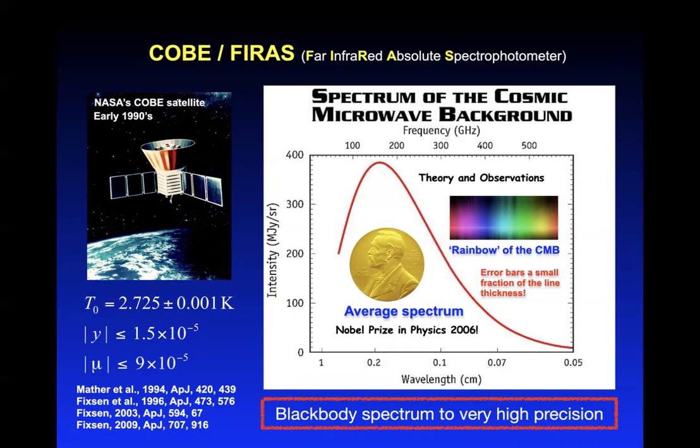And we know that the temperature of the microwave background is close to 2.7 Kelvin, with departures from the black body shape, which are the so-called spectral distortions, which I'm going to talk about in more detail, being limited to very, very small amounts. So this is, if you will, one of the most perfect black bodies in the universe that we can have, and it is really something that was created from the early phases of the Big Bang.